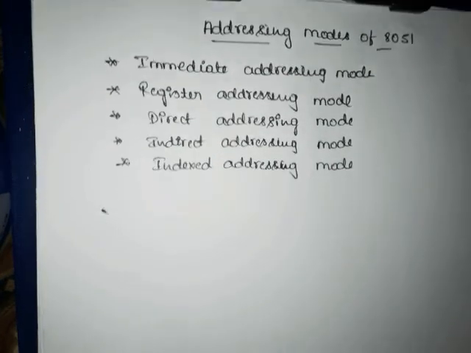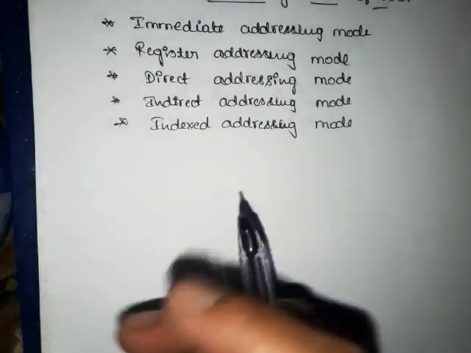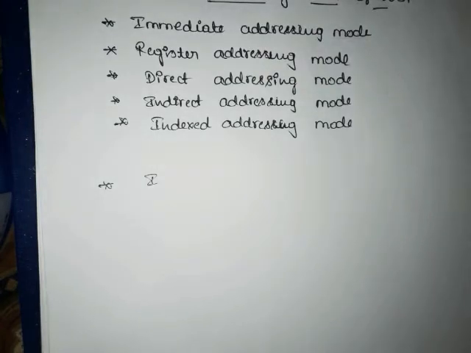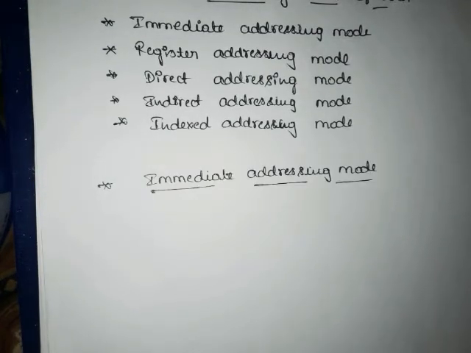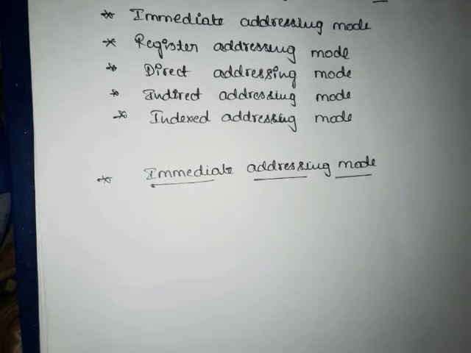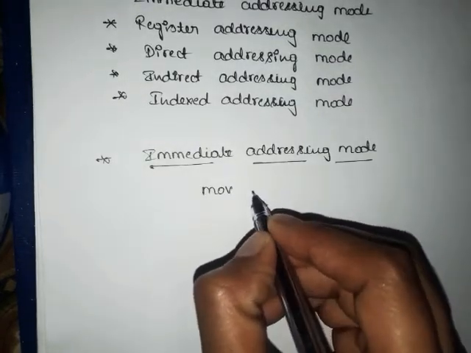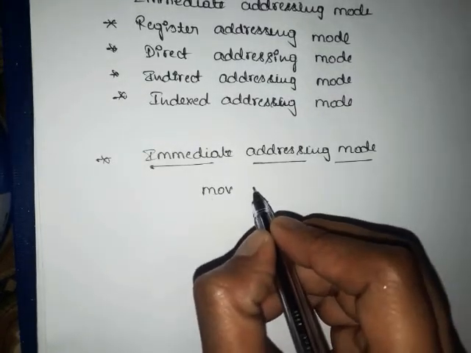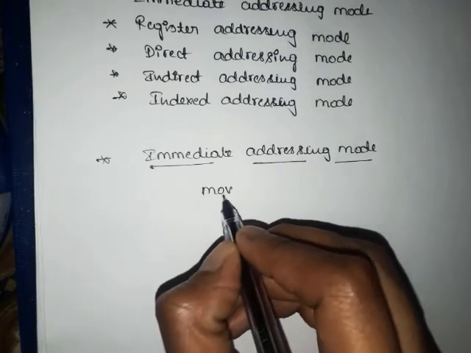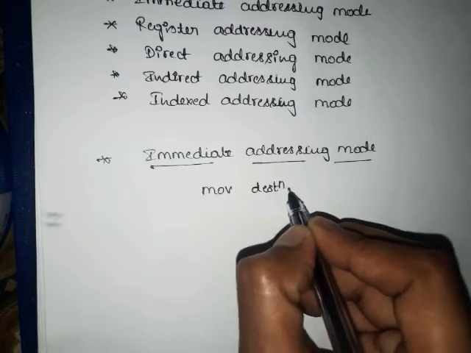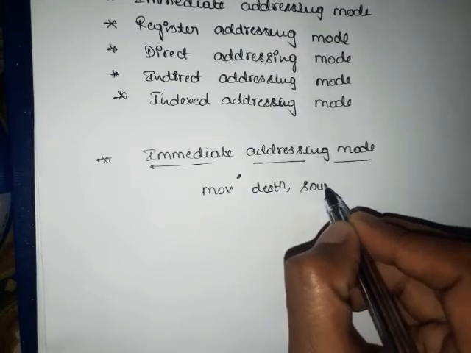Let us consider immediate addressing mode. The general format of instruction is the move instruction. General format is move, that is opcode, destination, comma, source.